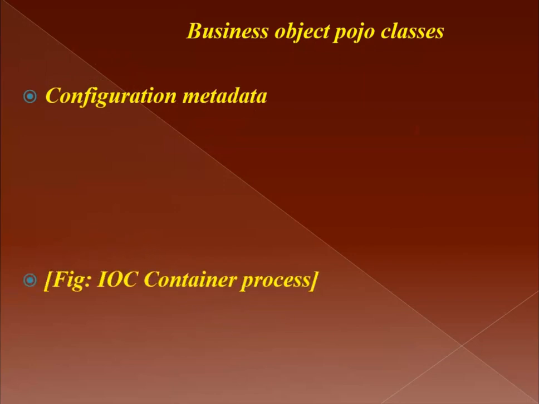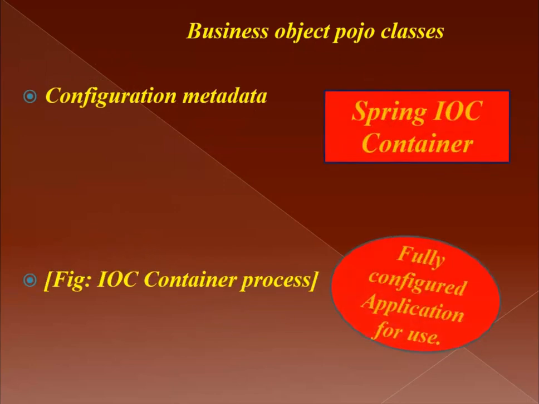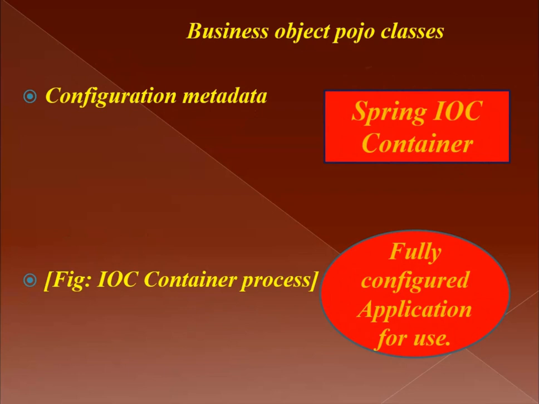This is how the IOC container processes and creates the bean. Business objects are POJO classes. Suppose there is a class Laptop, and we write the component for the laptop, so that class object will be created in the Spring IOC container.